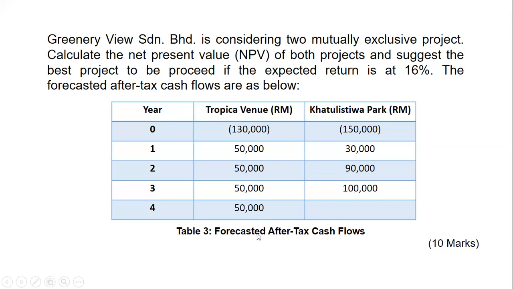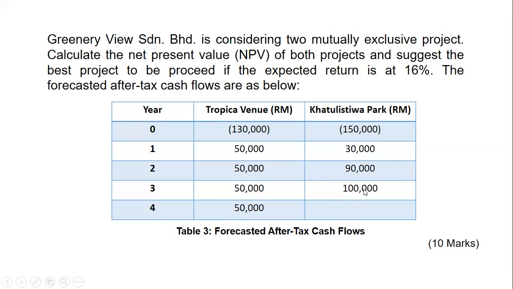Okay, if we manually sum up without considering the time value of money, 50,000 per year times 4 years, we will get 200,000. As for Katulistiwa Park, 30 plus 90 plus 100, so this will carry 220,000 within 3 years.